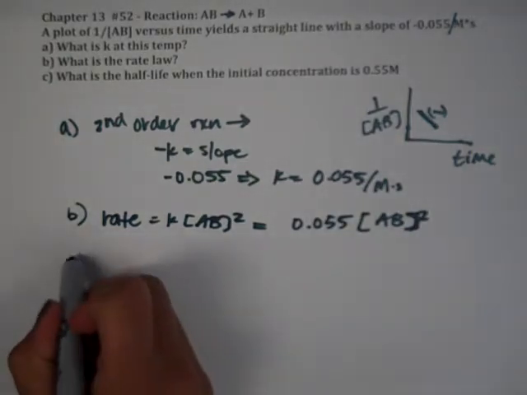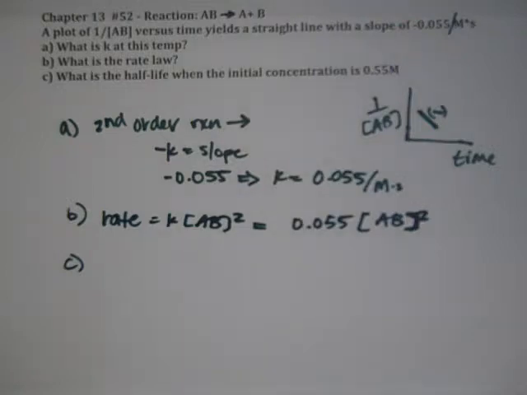Now, this one is also looking for the half-life when the initial concentration is 0.55 molar. Remember, in a first order reaction, you don't need to know the initial concentration because the half-life never changes. But in a second order and a zero order reaction, half-life is very much dependent on the initial concentration.